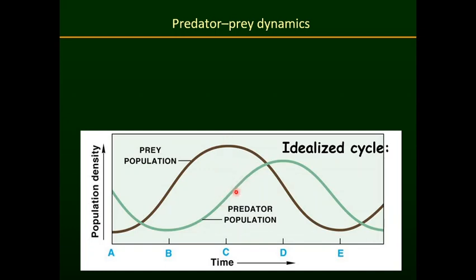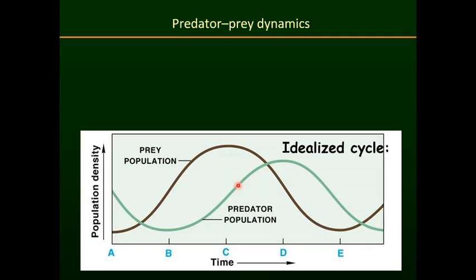Now, because the predator population is getting bigger, the prey population growth rate starts to slow down. At this point right here at time C, prey populations have peaked. They can't grow anymore because there's so many predators now in the environment that the predators are keeping the prey population in check. And as we go a little bit further, like C plus 1, if you want to think about it like that, the predator population keeps growing.